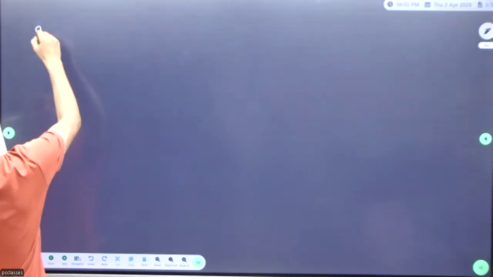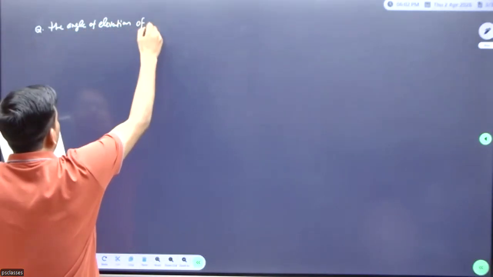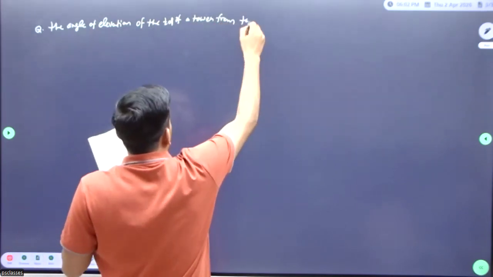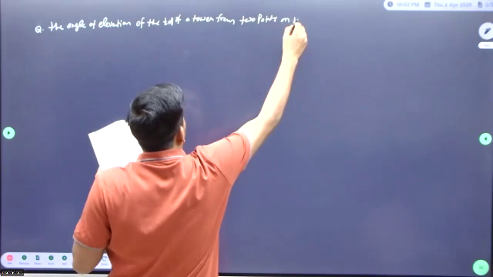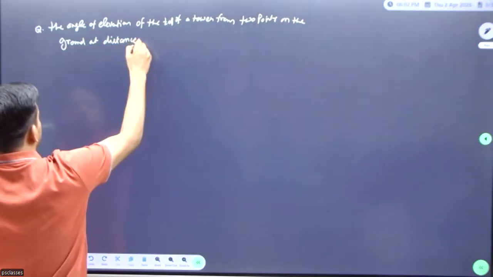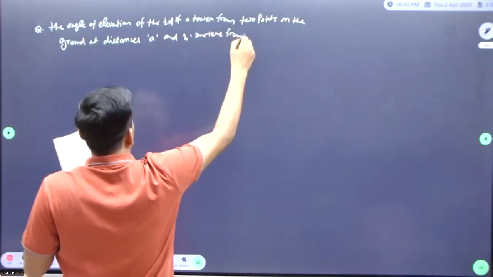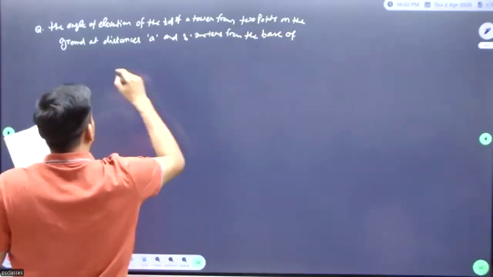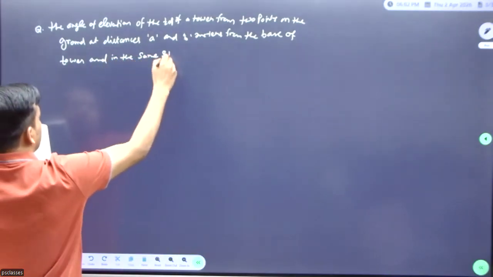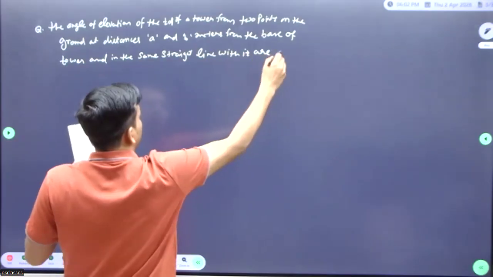This question. The angle of elevation of the top of a tower from 2 points on the ground at distances A and B meters from the base of the tower and in the same straight line with it are complementary.